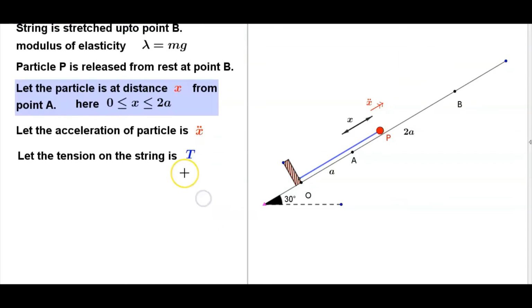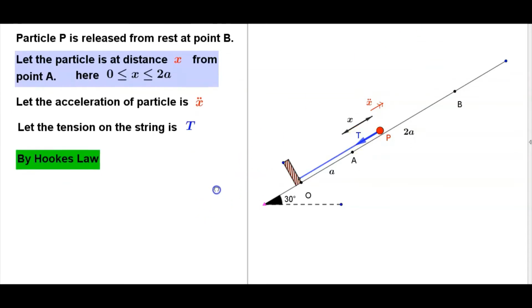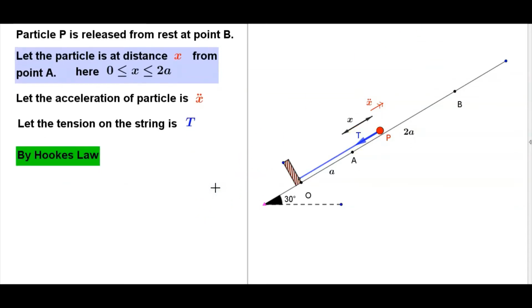Let the tension in the string be T. The string is stretched, therefore there should be a tension, that is T here. By Hooke's law, we can find the tension. When the string is stretched, the tension can be found using Hooke's law.